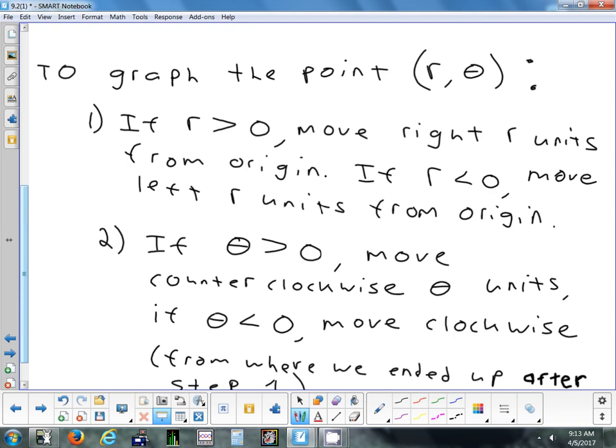I'm sorry, counterclockwise if it's a positive angle. I wrote it correctly on the board, I just read it wrong. Counterclockwise is when theta is greater than 0. Clockwise is when theta is less than 0.